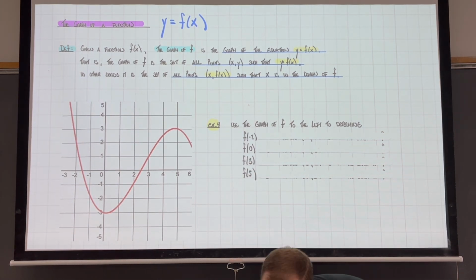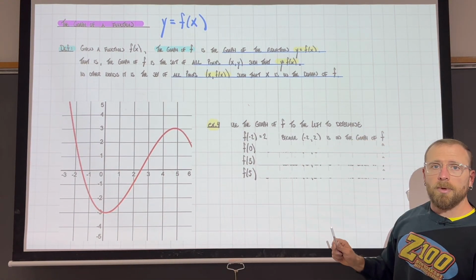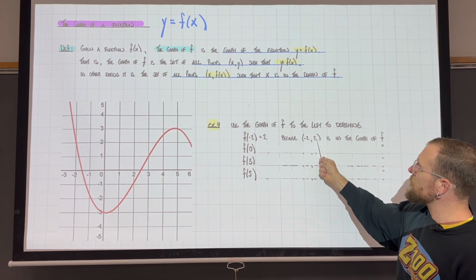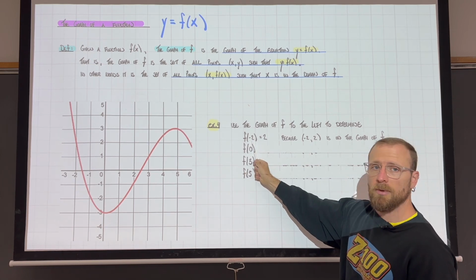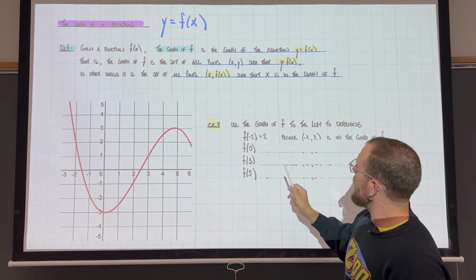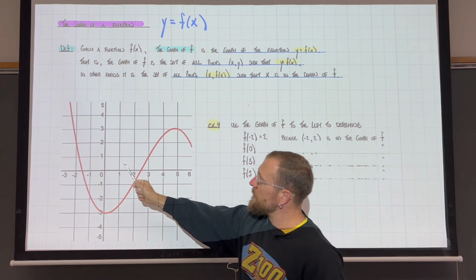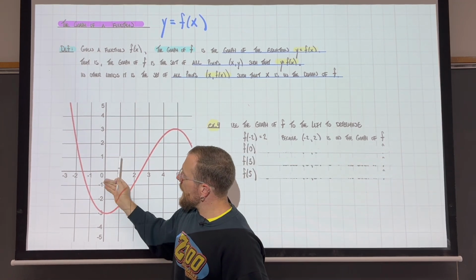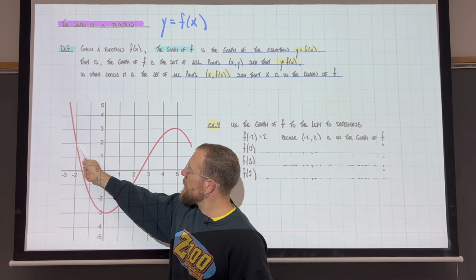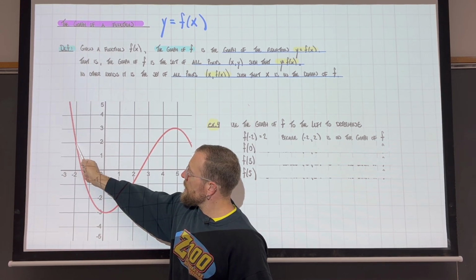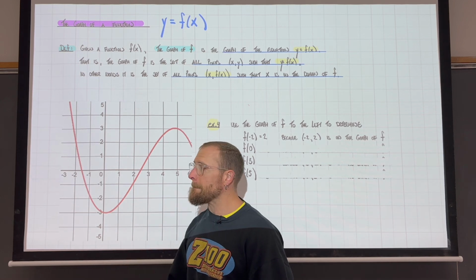So f of negative 2 is 2. And the reason is that negative 2, 2 is on the graph. There is a point on the graph with x coordinate negative 2, and only one. And the y coordinate of that point happens to be 2. Okay? So the x coordinate of this point is telling me the input, x. And the y coordinate of this point is telling me the output, y.